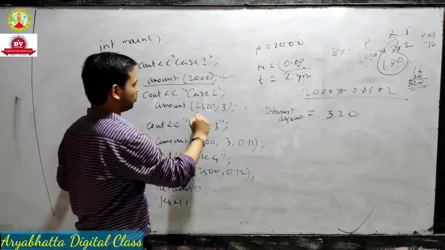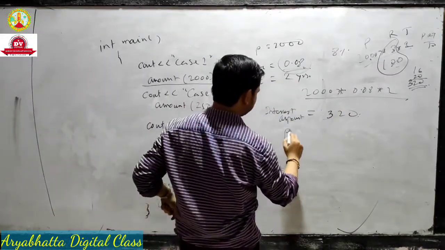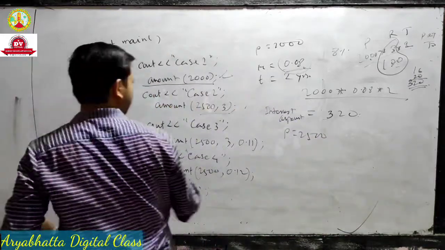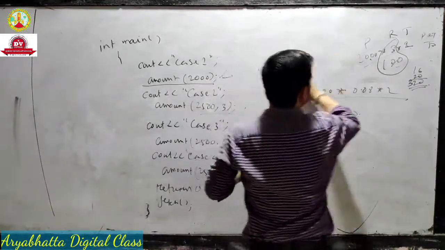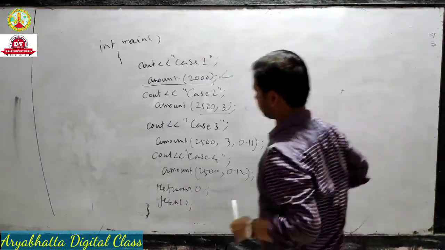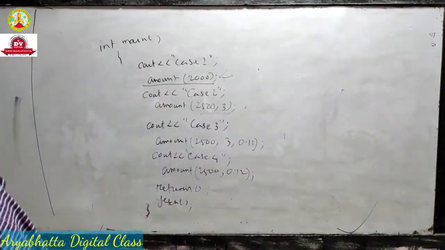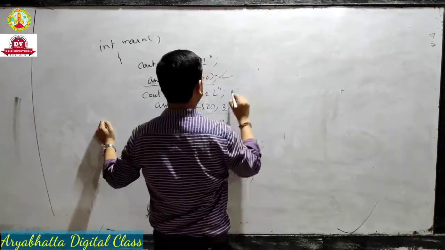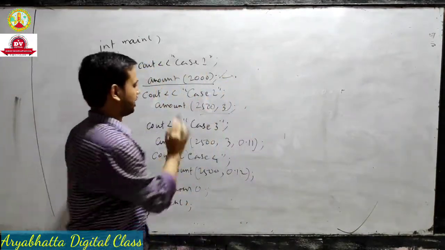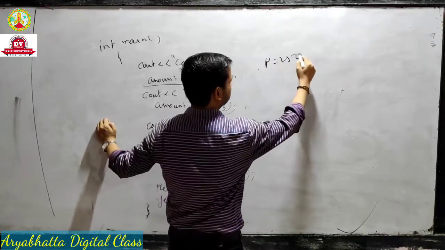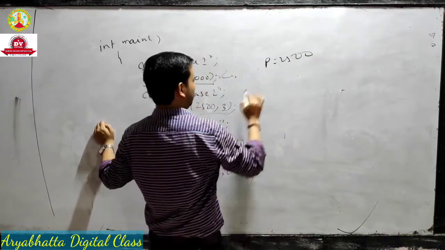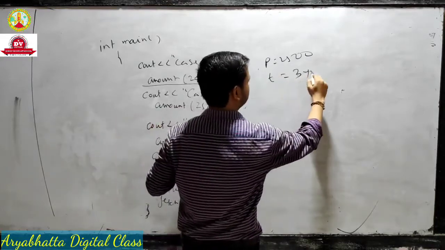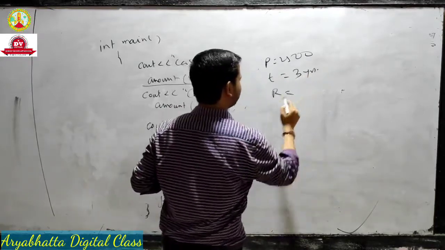And for case 2, what is the value? Case 1 I hope you understood. For case 2, principal is here, and 3 is for time. We take time as 3 years. And the rate, what is the rate?